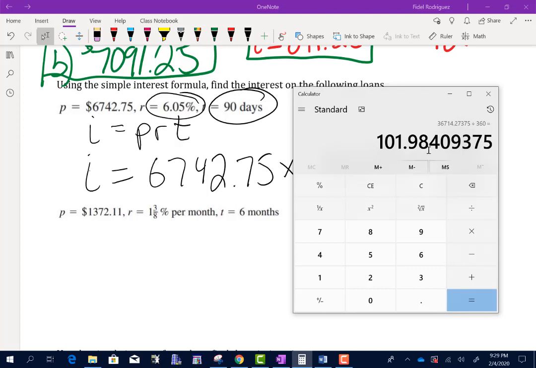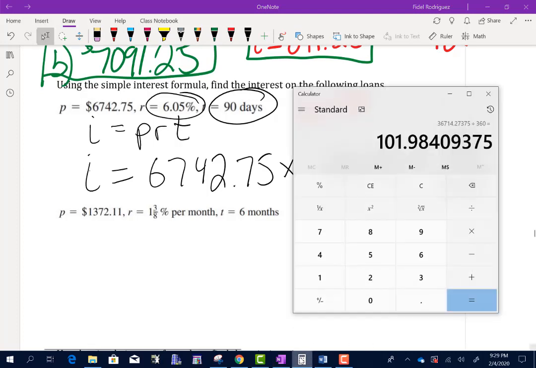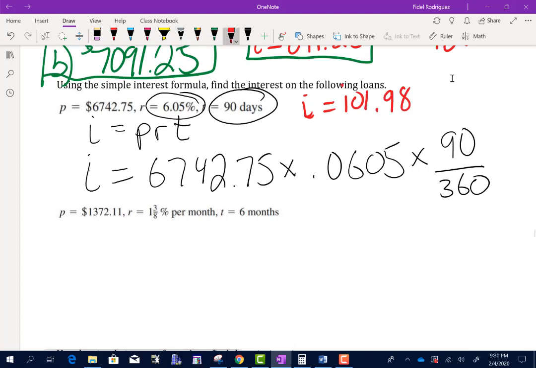So penny means I'm going to have two decimal places. So the number to the right of an 8 is a 4, so that 8's going to be the same, so $101.98. So our interest is $101.98. Boom, there we go.